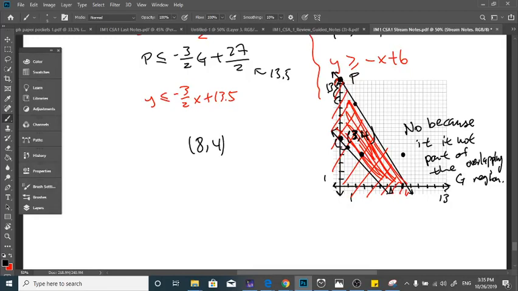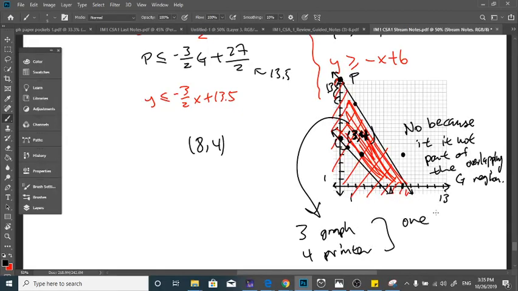And make that a bit darker or bold faced. So this means 3 packs of, I believe, graph paper, 3 graph, and 4 printer. This is a solution. So one possible solution.